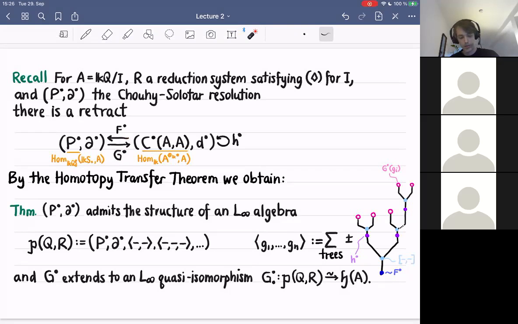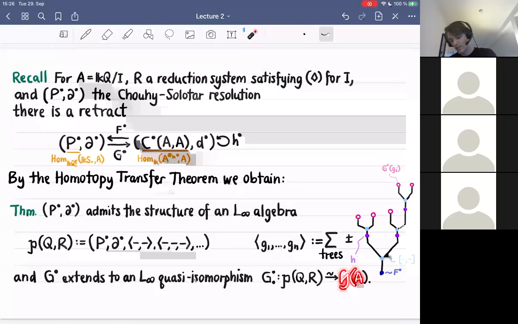Okay, and the statement also gives that this G upper dot actually extends to an L infinity quasi-isomorphism between this new L infinity algebra structure on this complex P and the Hochschild-Gerstenhaber DG Lie algebra.